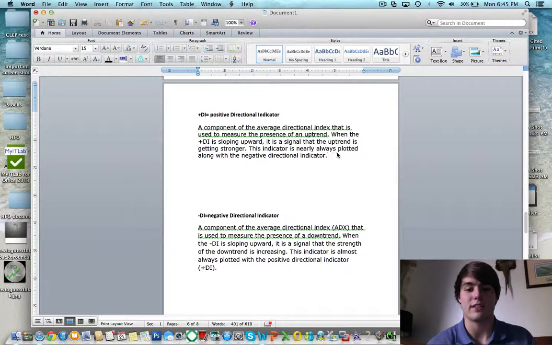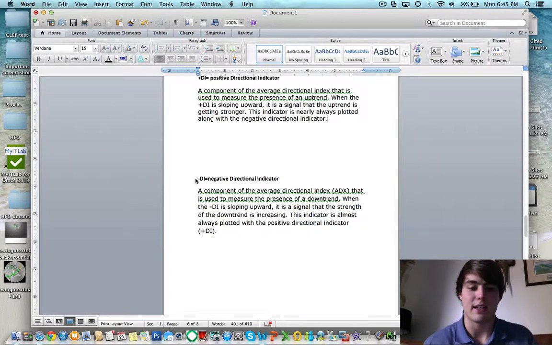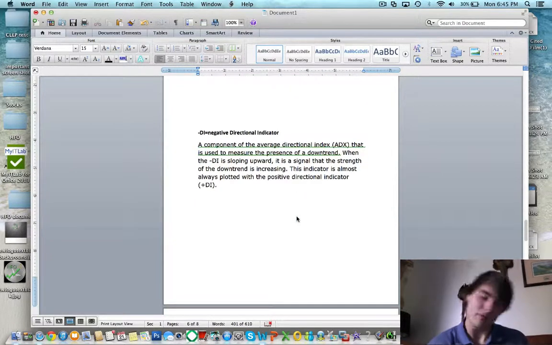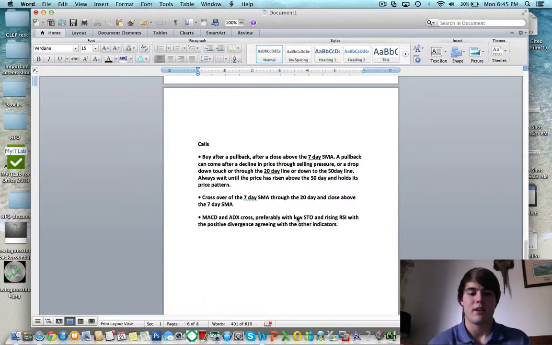The indicator is nearly always plotted along with the negative directional indicator, so you can get a better view of it. The negative DI is the exact opposite, as y'all have probably guessed. It's going to be the downtrend, and it's plotted with the positive DI.